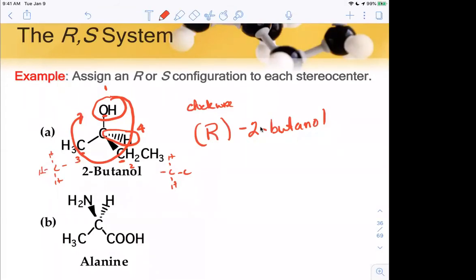Let's look at this guy. Well, nitrogen versus carbon is going to be the first priority. This guy is second, this is third. My hydrogen is pointing away, so it's in the right orientation. This is also clockwise, so this is going to be our alanine.